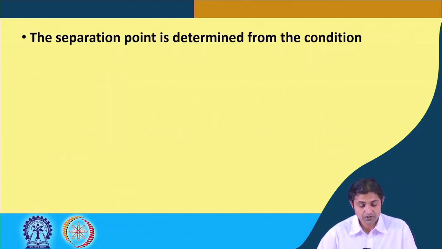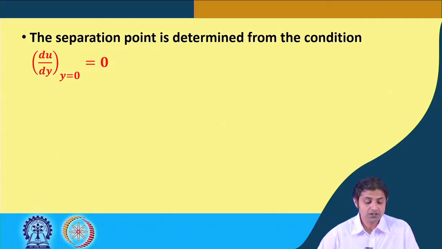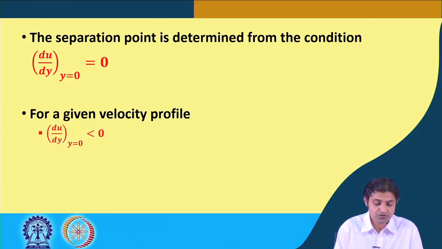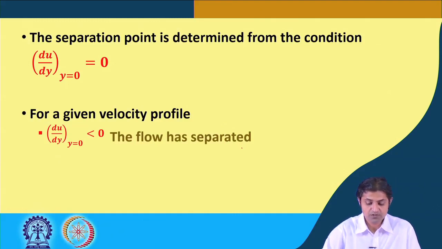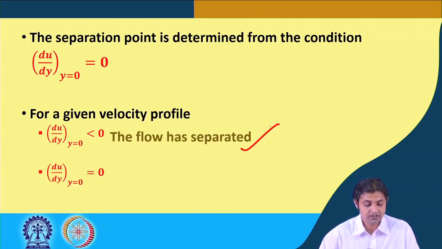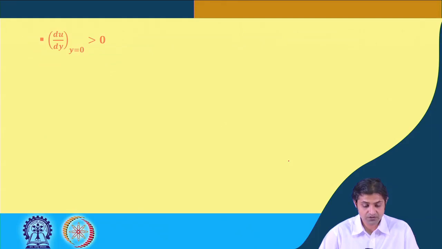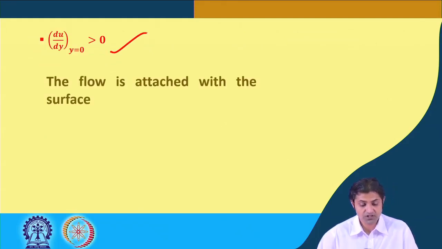All right. So, where the separation point is going to be is determined from the condition du by dy at y equal to 0 is equal to 0. For a given velocity profile, if du by dy at y equal to 0 is less than 0, this means that the flow has already separated, and if it is equal to 0, it is on the verge of separation, and if it is greater than 0, this means it will not separate, the flow is attached with the surface.